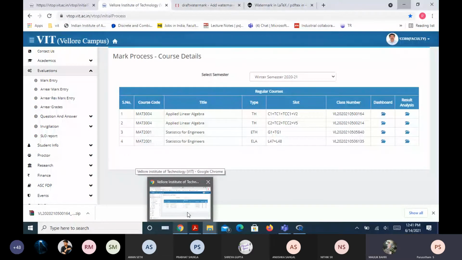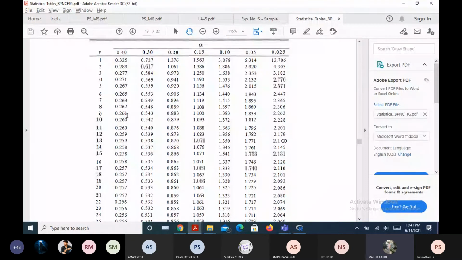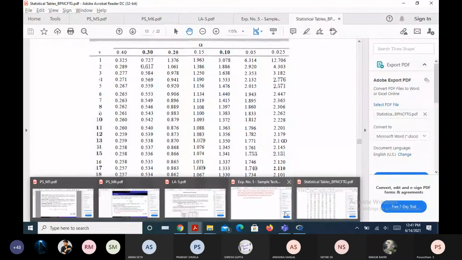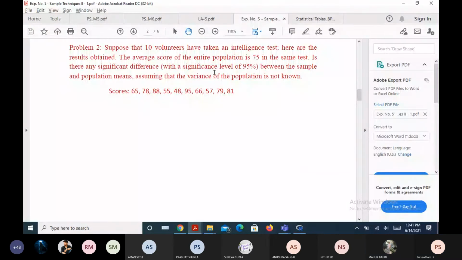In the question, the level of significance is given as 0.95, but confidence is 0.95 and the level of significance is 0.05. It is a typo error: instead of saying confidence level, they mentioned significance level as 95%.